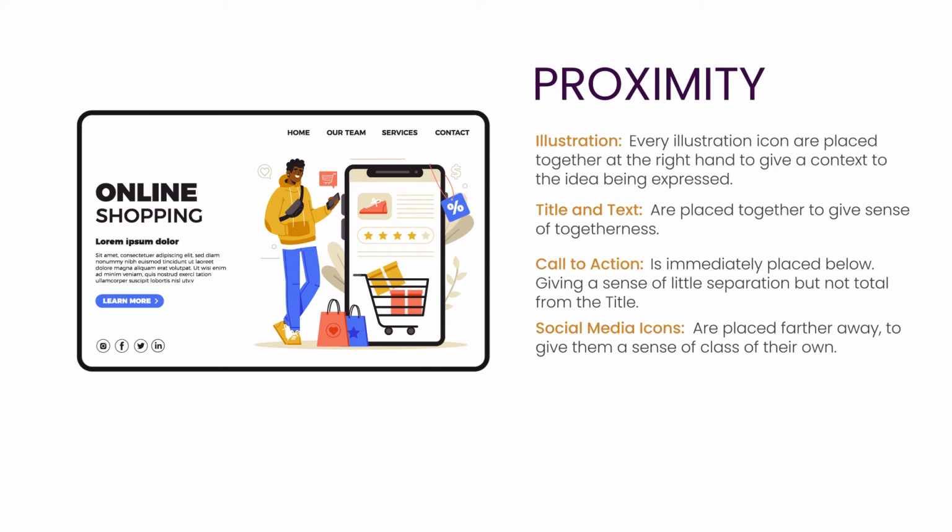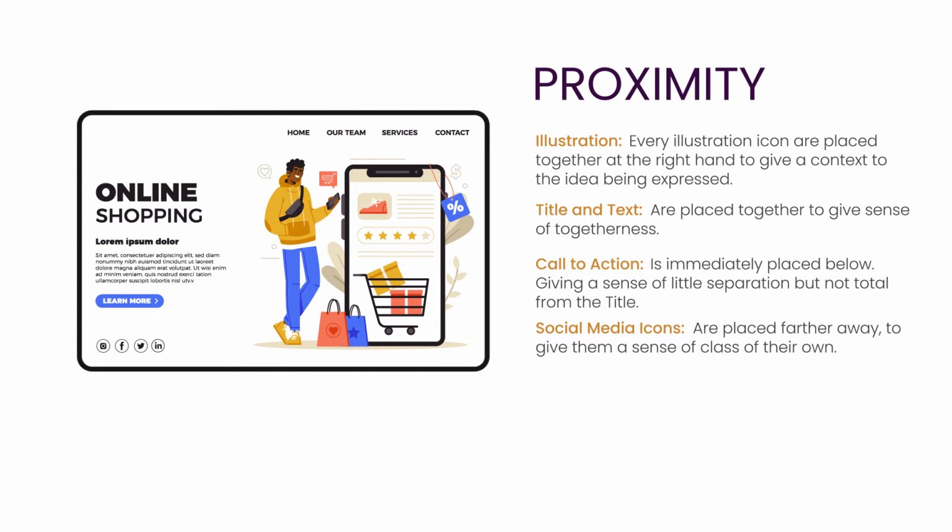It's placed immediately below, giving a sense of a little separation, but not total, from the title. Then you now have the social media icons, separate but placed under the call to action and the title. So the social media icons are placed further away to give them a sense that they have a class of their own.